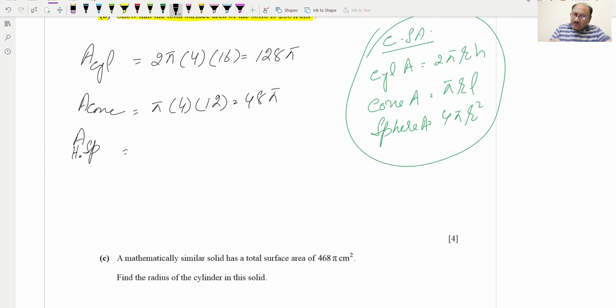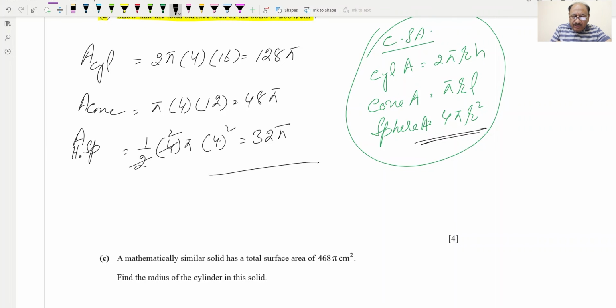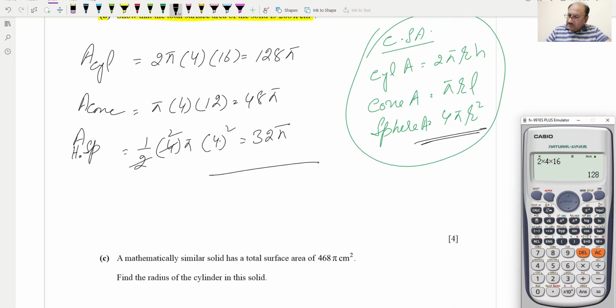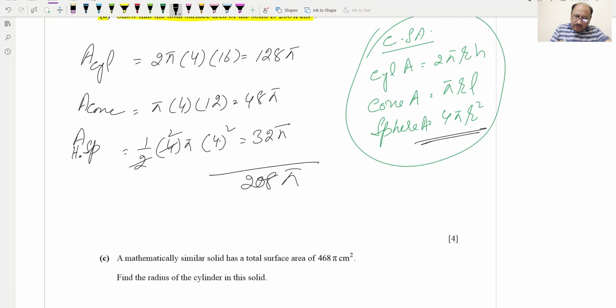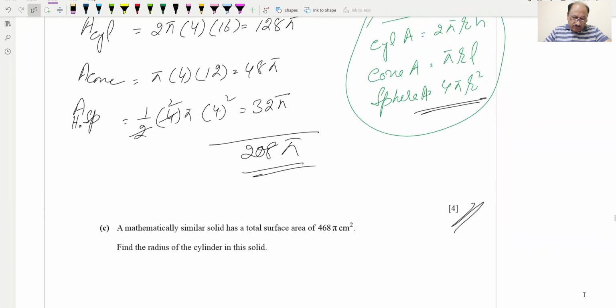Now sphere, total sphere will be this one, so we'll take half of 4 pi r squared, so r will be 4 squared, this will be cancelled, so 16 into 2 will be 32, so it will be 32 pi. So if we add all these in terms of pi, 128 plus 48 plus 32 is resulting to 208, so 208 pi will be our answer, and this was the 4-mark question which we are done.